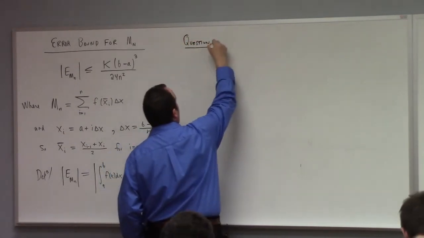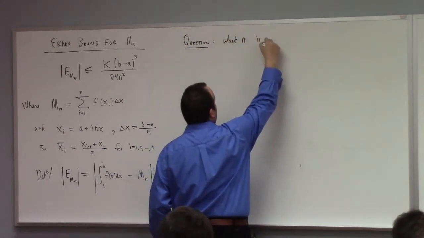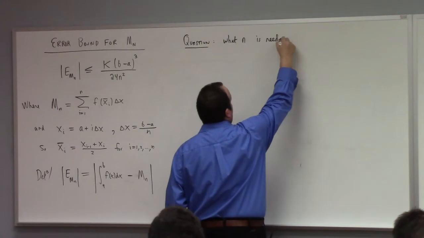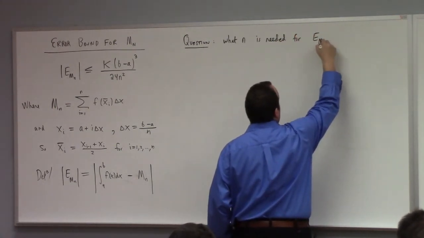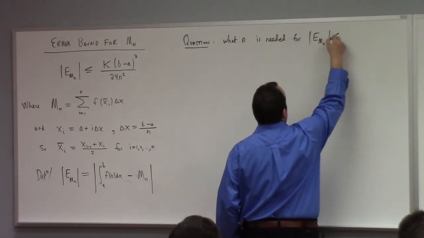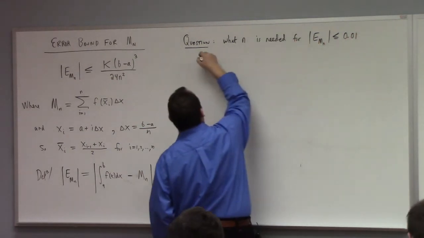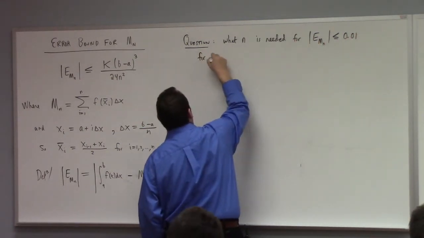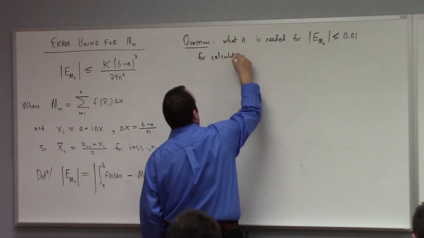What n is needed for the error in the midpoint rule to be less than 0.01 for calculating the following integral.